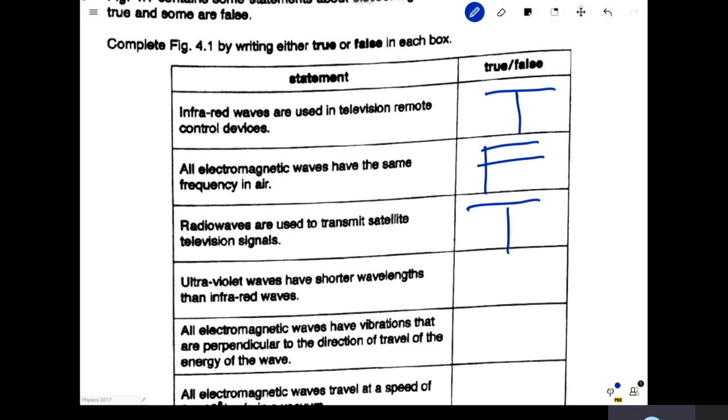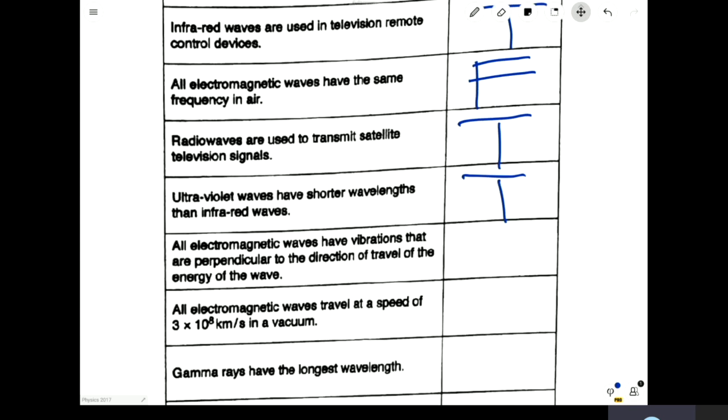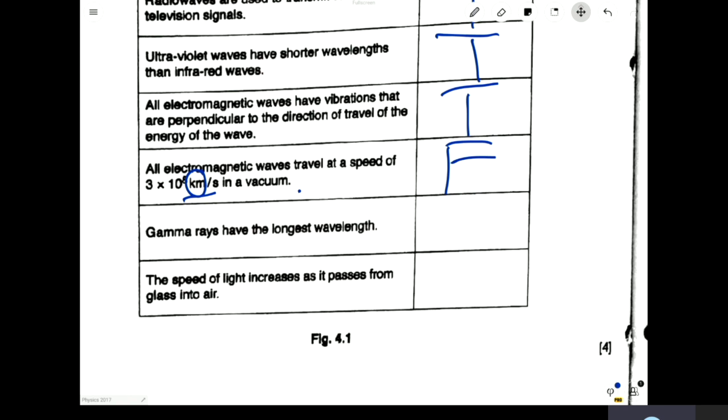UV has shorter wavelength. True. Must memorize. All electromagnetic waves have vibration. True. All travel at the speed in vacuum of 3 times 10 to the power 8 kilometer per second. False. Why? Because it's not kilometer, it's meter per second. Gamma rays have the longest wavelength.